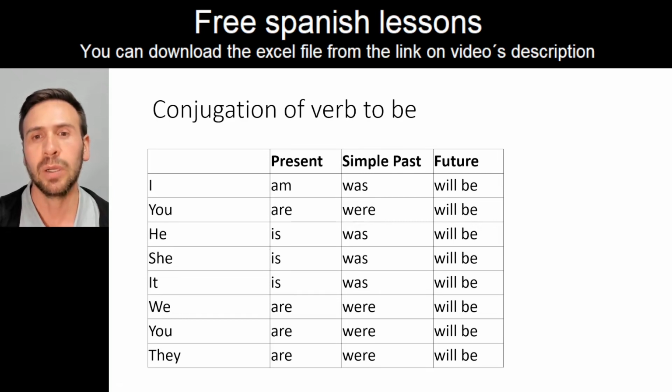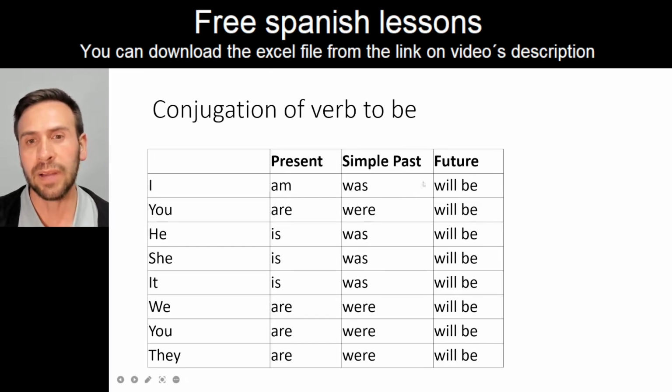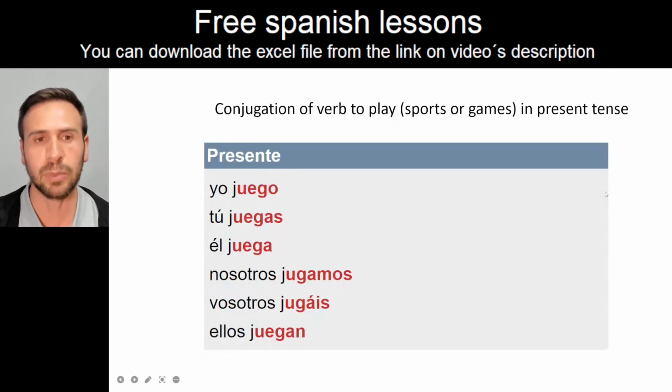In Spanish we don't use this auxiliary verb, so any verb that you need to conjugate in future will have a different form from present and past. For example, with the verb to play, sports or games, in present tense I say: yo juego, I play; tú juegas, you play; él juega, he plays.